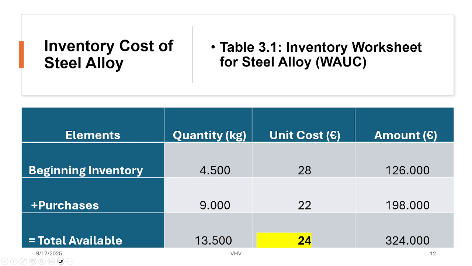We divide the total value by the total quantity, which gives us the weighted average unit cost of 24 euro per kilogram. This is the unit cost we use when we calculate the cost of production.